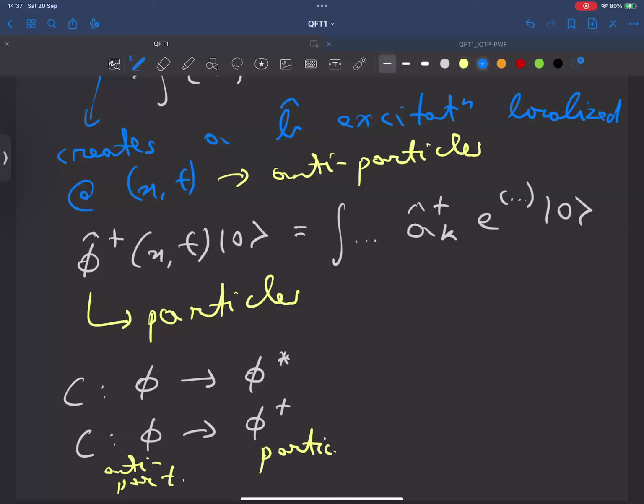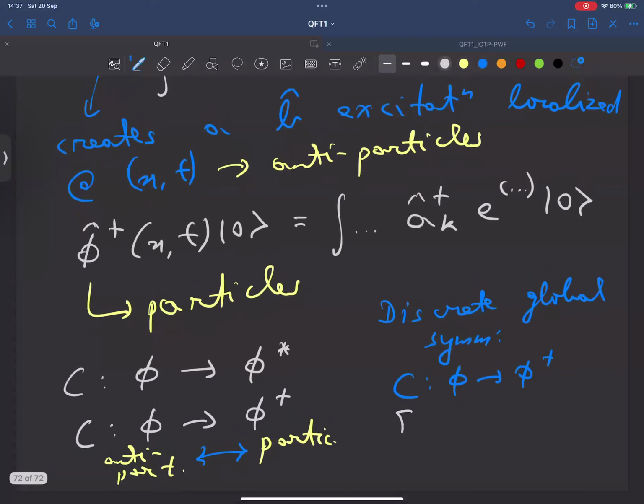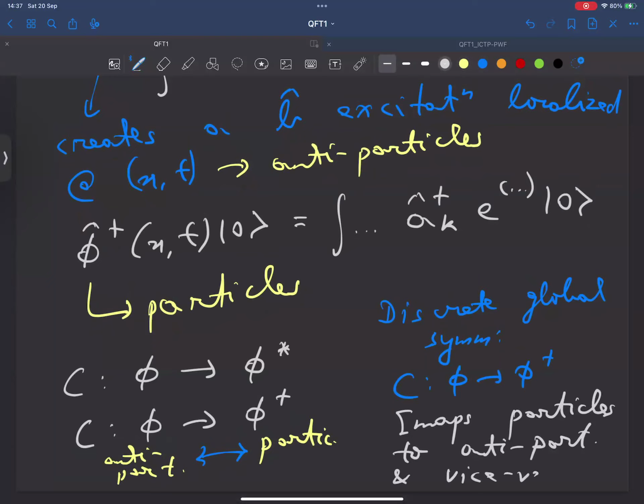So this is in line with charge conjugation, this discrete global symmetry of C taking phi to phi dagger. This maps particles to antiparticles and vice versa.